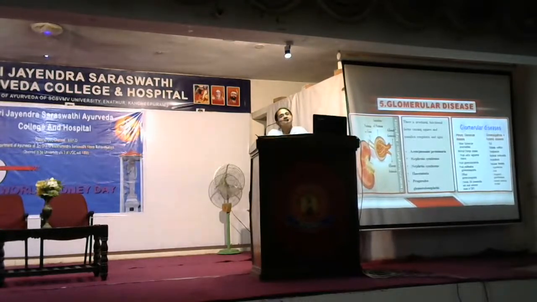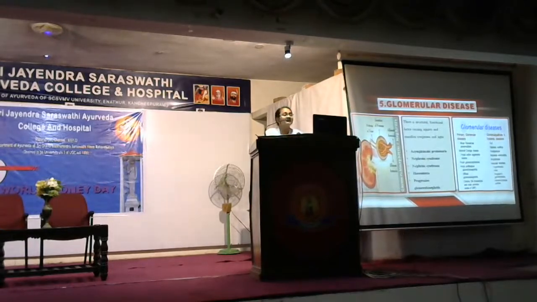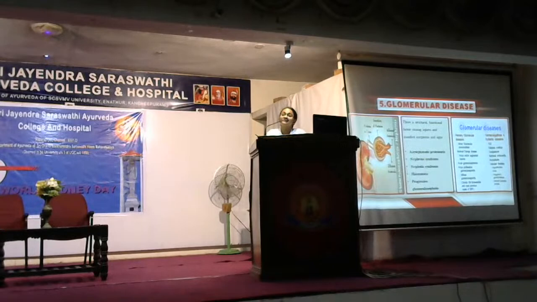Next is the glomerular diseases, which are found in most kidney disease. The most common kidney disease is glomerular disease. It is not just limited to the inflammation or an infection happening in the glomeruli, but there are also structural and functional factors that cause injuries and manifest symptoms and signs.